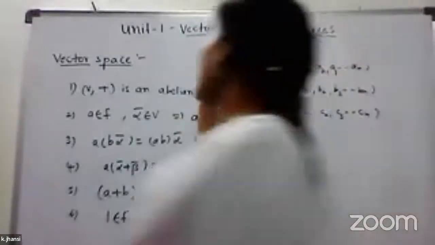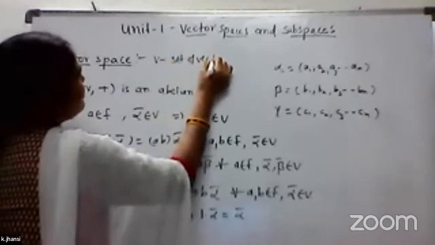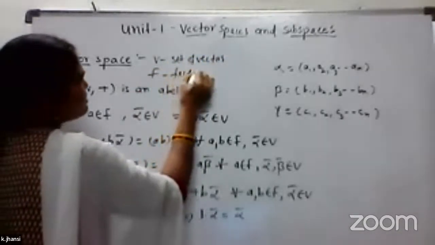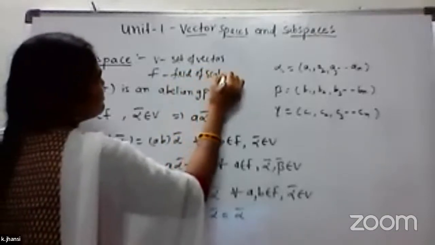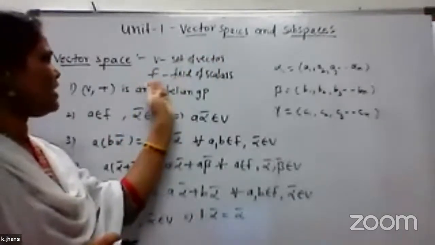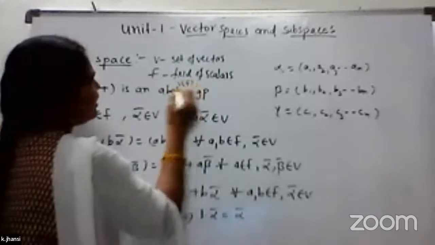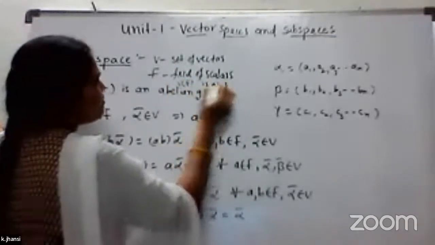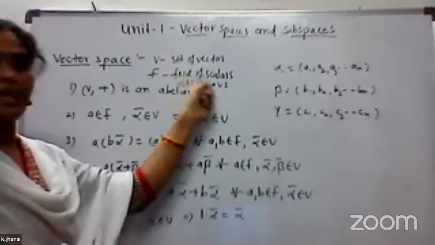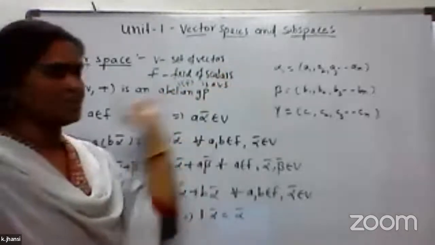Whenever V is the set of vectors and F is the field of scalars, then V of F is called a vector space. With respect to the set of vectors and field of scalars, we write it as V of F.